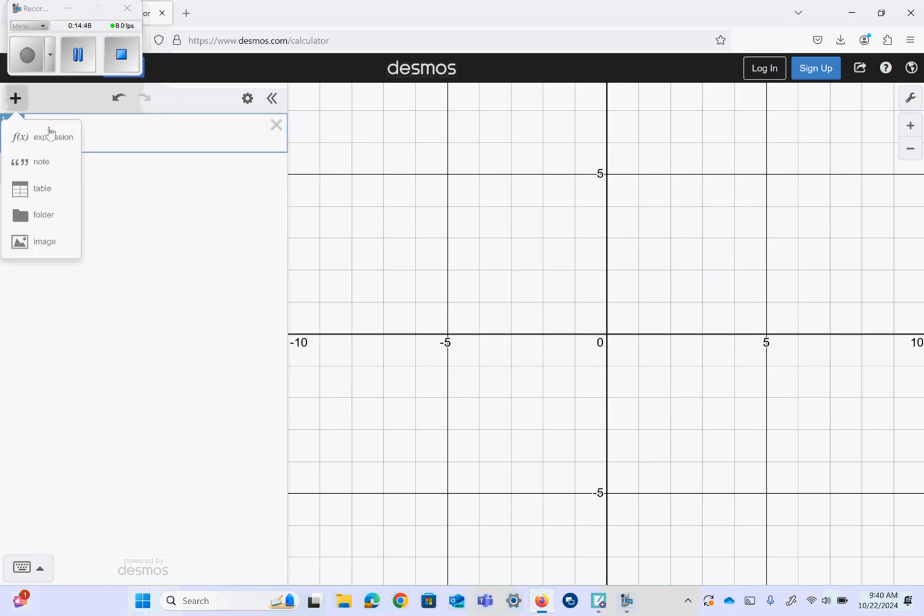I need to create a table. My first data point, I believe, is 8 and 75.